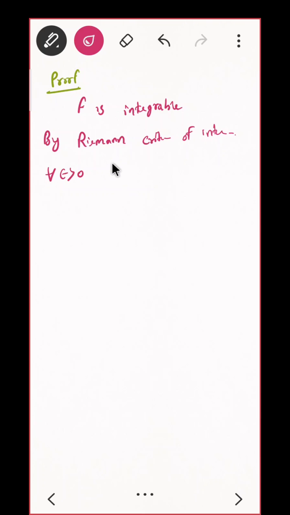For epsilon positive, there exists a partition P of E such that UPF minus LPF is less than epsilon. In any proof this is important.